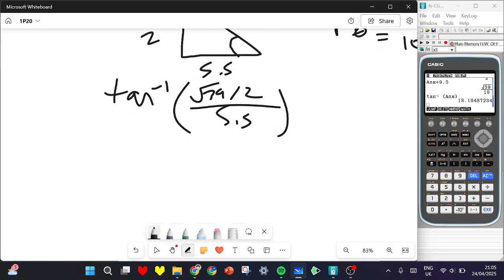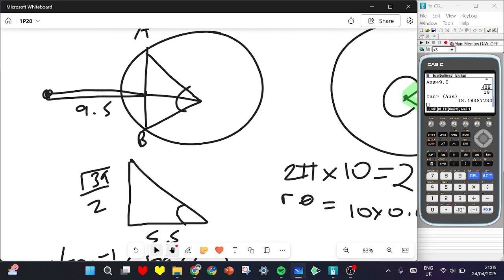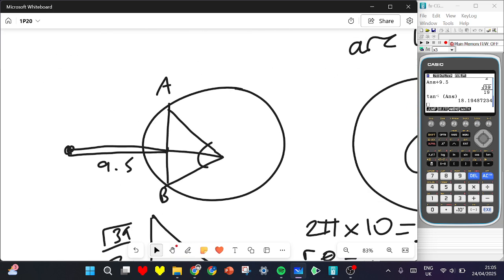Okay, so that's 0.516 and so on. Then we times it by 2, which is 1.0327 and so on. Okay, so that is the theta here, basically.